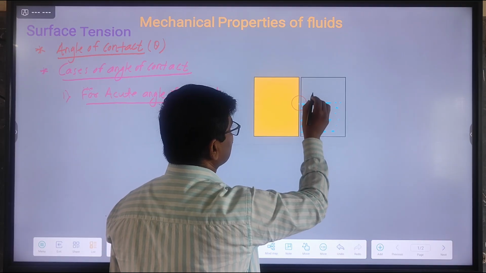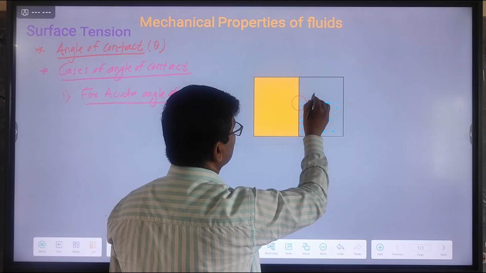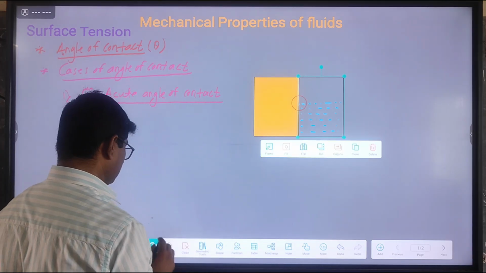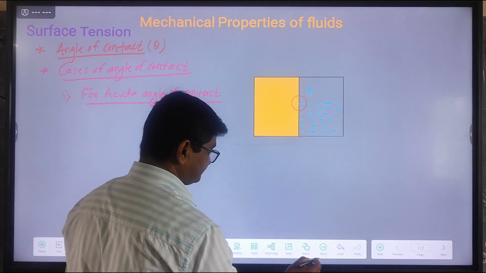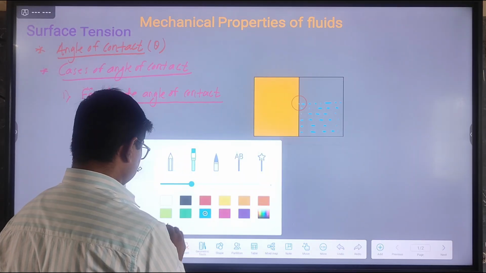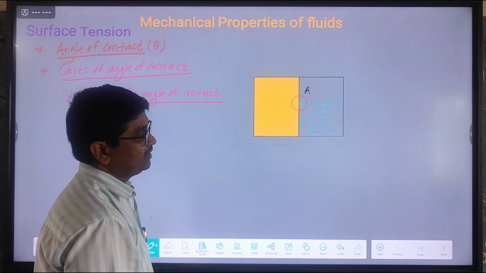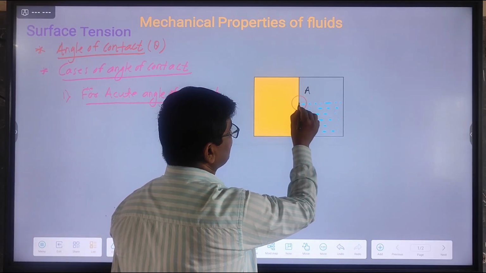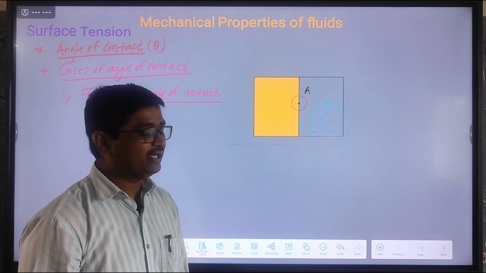So this is our molecule A, and such a molecule represents the solid and liquid contacting together.